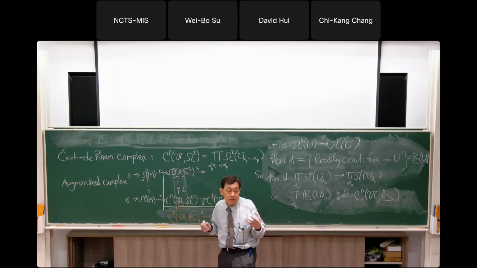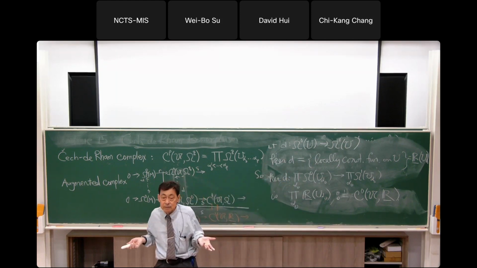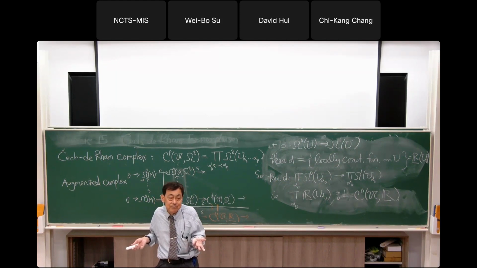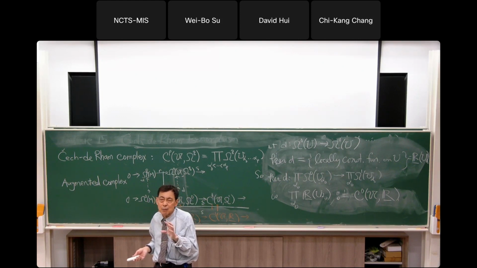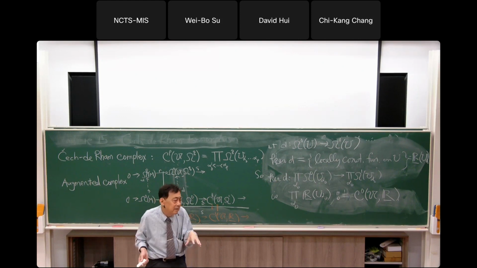What is the condition that can guarantee that? If you have a good cover, because then all the finite intersections are diffeomorphic to Rn, and so the cohomology would be zero except in the zeroth term, right?